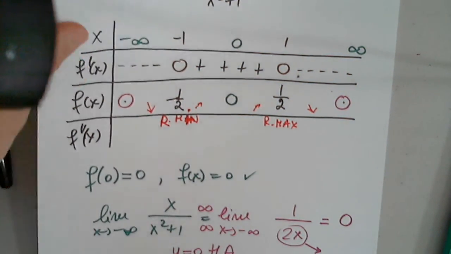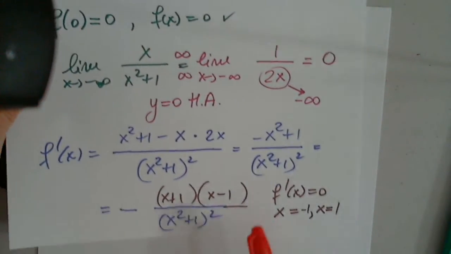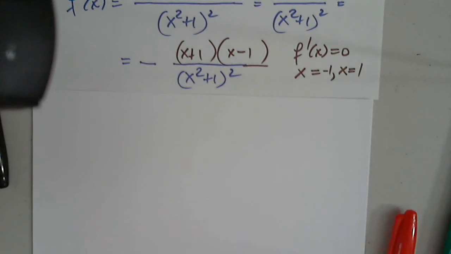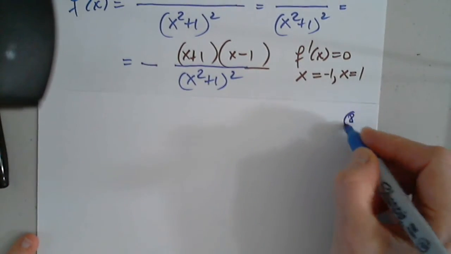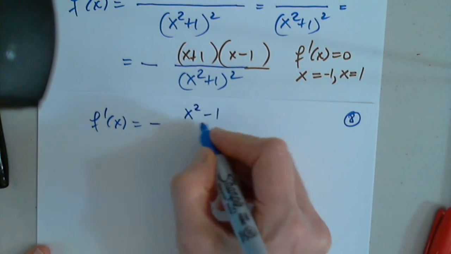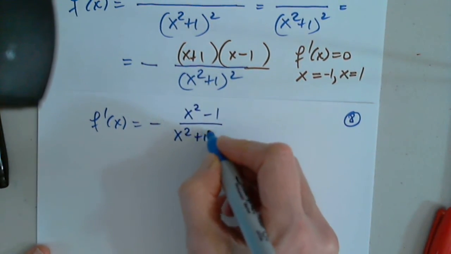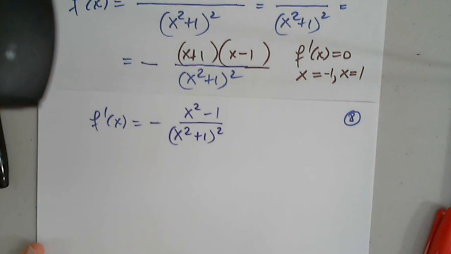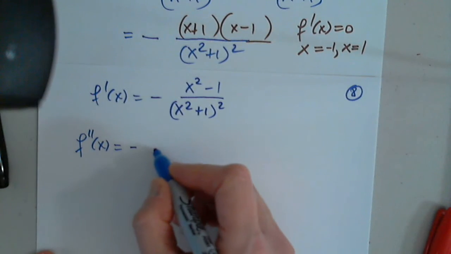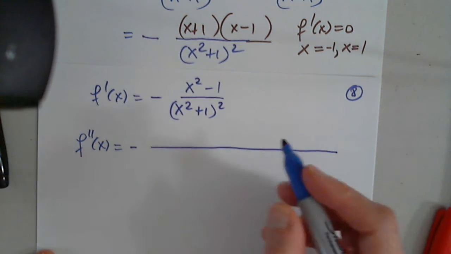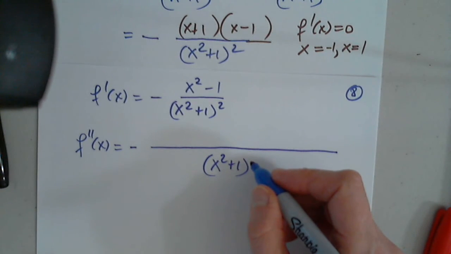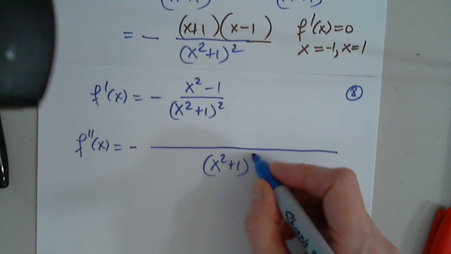Now we have to find the second derivative, which is not pleasant. Not pleasant at all. So here's the first derivative: negative x squared minus 1 over x squared plus 1 squared. So now the second derivative. Leave the negative outside. Square the denominator. What do we get in the denominator when we square? To the fourth. Very good.